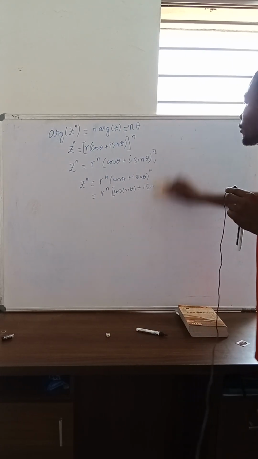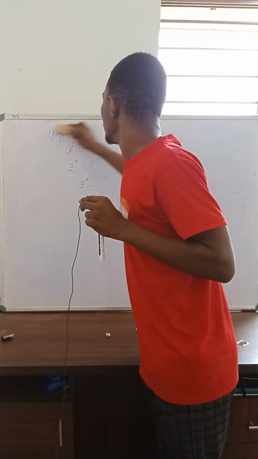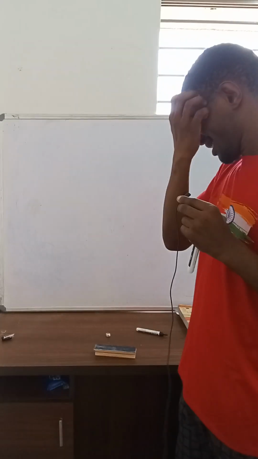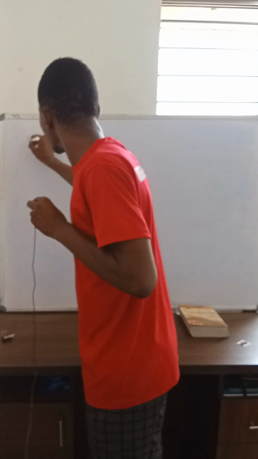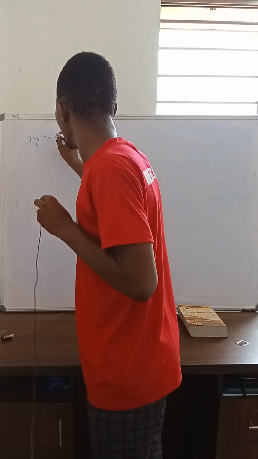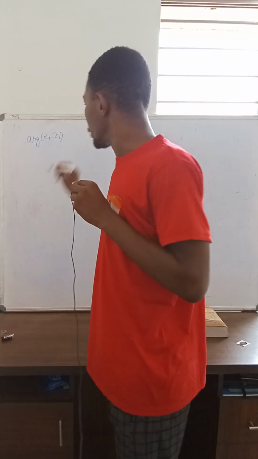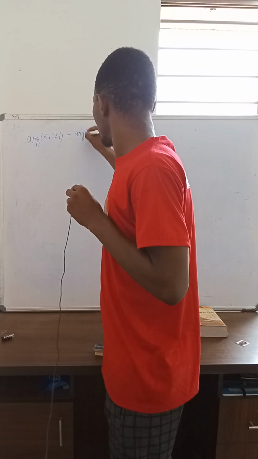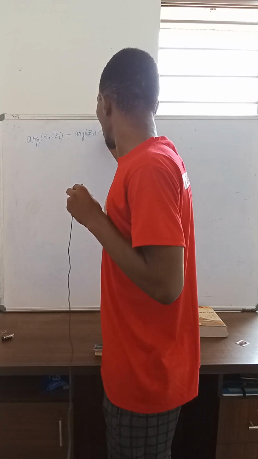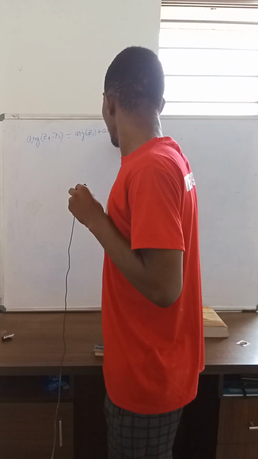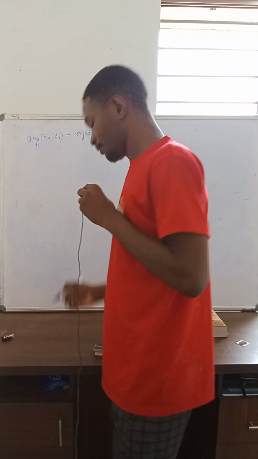Now let me go for the next one. What is the argument of z1 times z2? They say that this is equal to the argument of z1 plus the argument of z2.